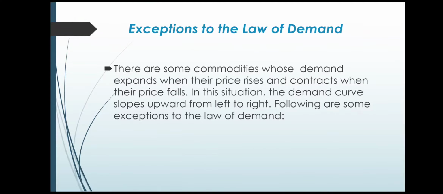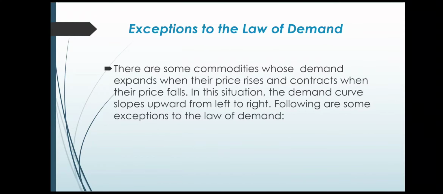Now there are few exceptions to the law of demand. Exceptions are those cases when law of demand is not followed, when there is an increase in demand with increase in price. So let us see. There are some commodities whose demand expands when their price rises and contracts when their price falls.